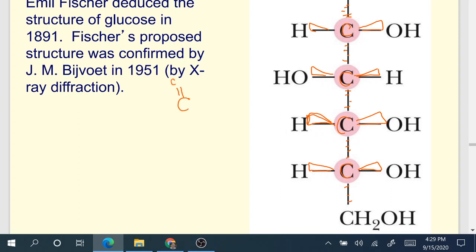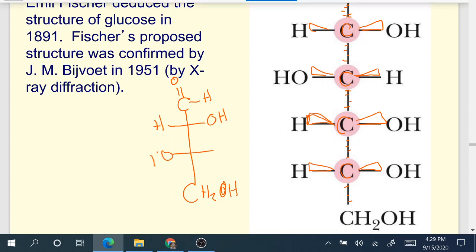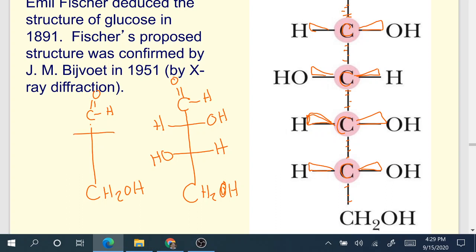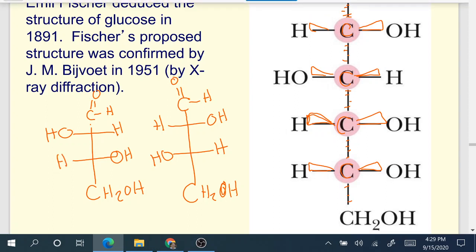Most sugars have an aldehyde group at the top and a CH2OH at the bottom, and then they're going to have some OHs across the middle. Let me draw the enantiomer here of this molecule. If the OH at the bottom is on the left side, then that is the L sugar.